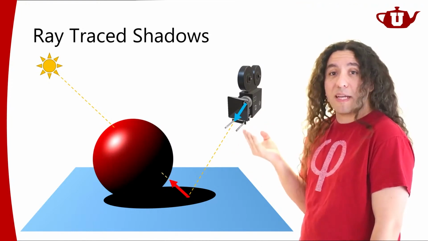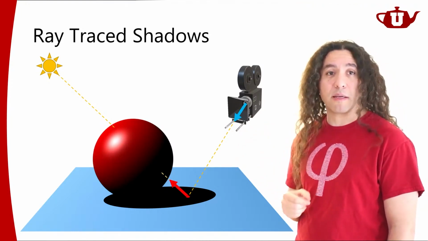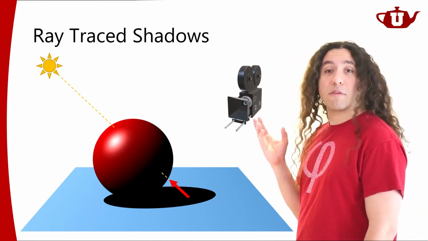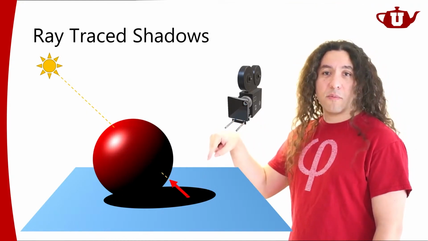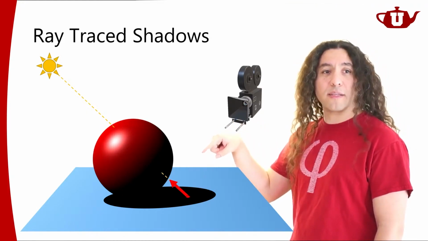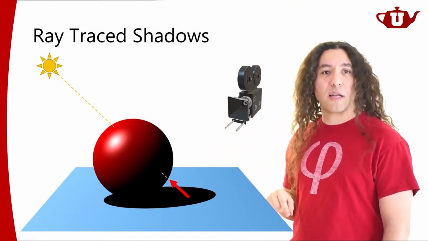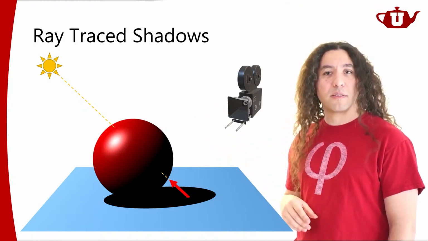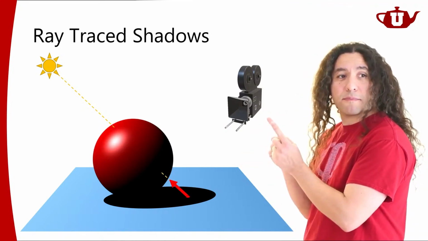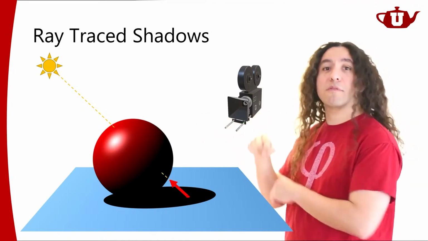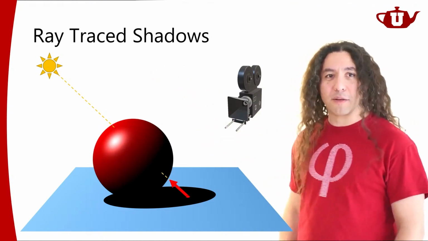Your primary visibility does not have to be computed using ray tracing, right? So I could be using rasterization to generate the image. It's just that when I'm looking at a point, I'm going to be tracing a shadow ray to find a hit point. For my camera visibility, I don't have to use ray tracing. But for computing shadows, I am using ray tracing. That's why I'm calling this ray trace shadows.